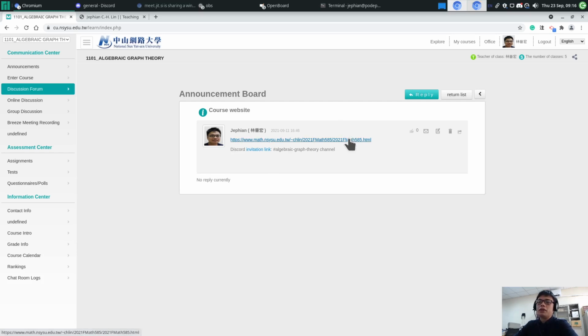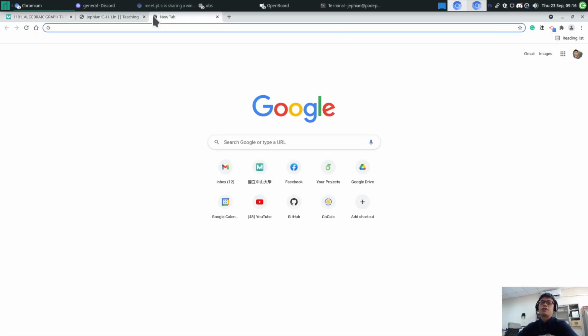You don't need to log in. It is a static HTML website. You will find some basic information there, the textbook, and where you can find my email, that kind of thing. So pretty much you can find most of the things. If you need to access that, you can store that in your bookmarks. But another way is to just search for Jeffian and search for my website.